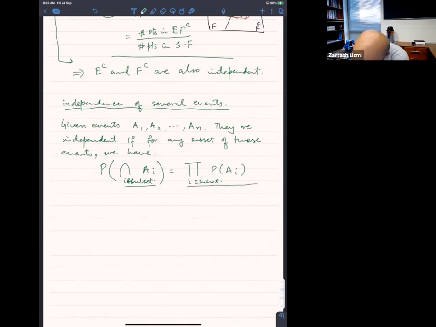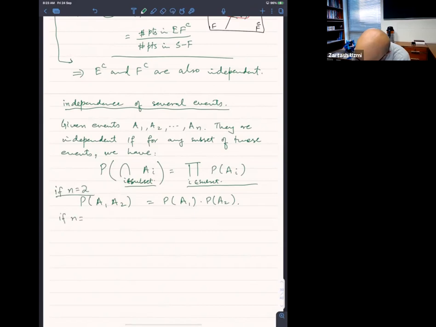So in other words, अगर दो ही इवेंट हो तो probability of A1 intersection A2 is equal to probability of A1 into probability of A2, if n is equal to 2.